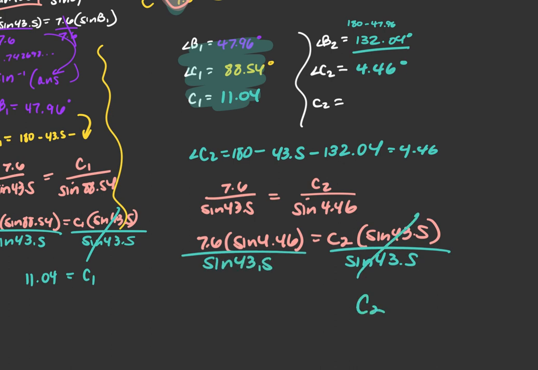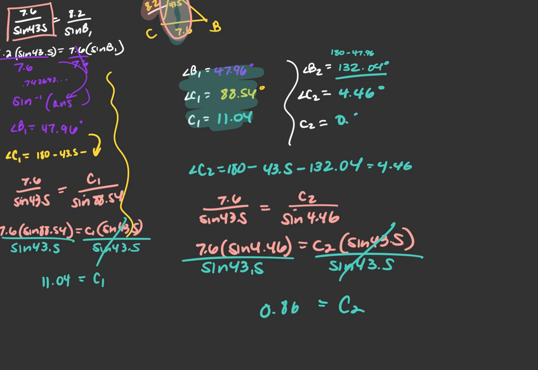C2 is 7.6 times the sine of 4.46 divided by the sine of 43.5, or 0.86. It's a small side, but it makes sense because it's opposite a really small angle. 4 degrees is pretty small, so it makes sense that something would be small opposite it.